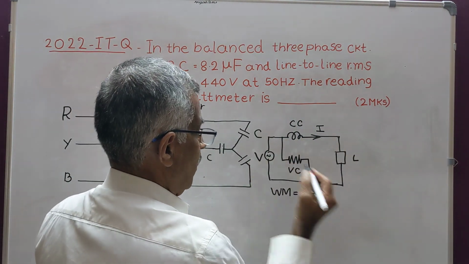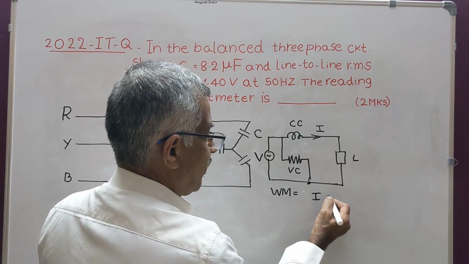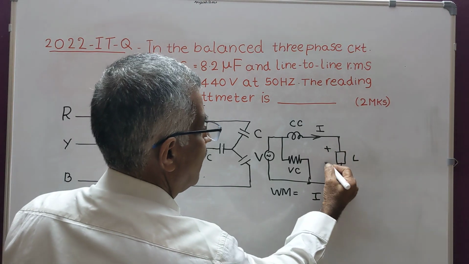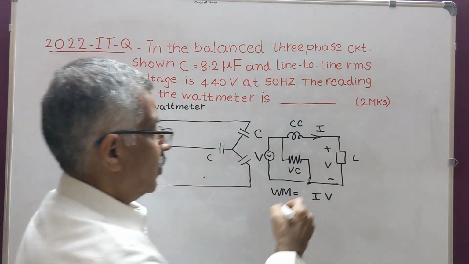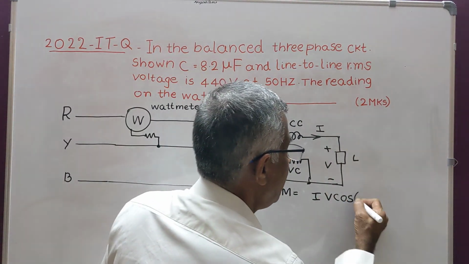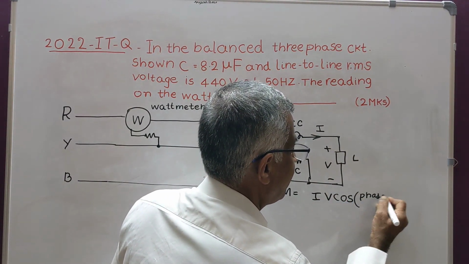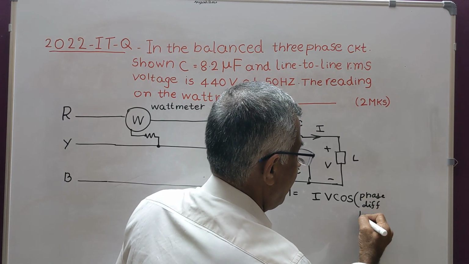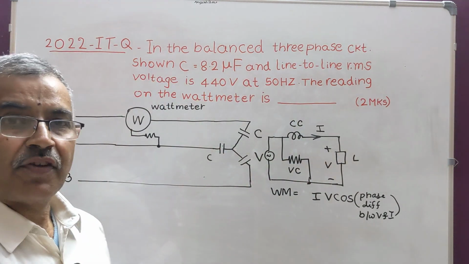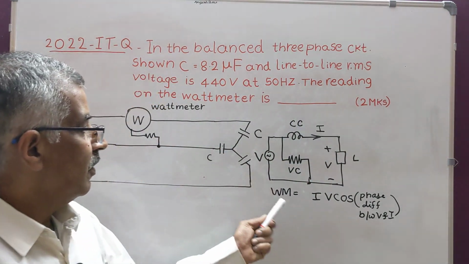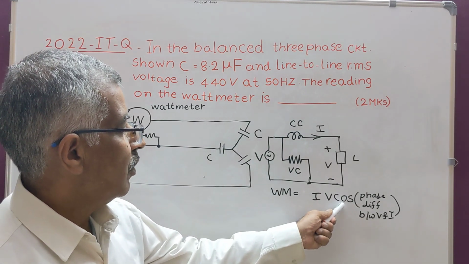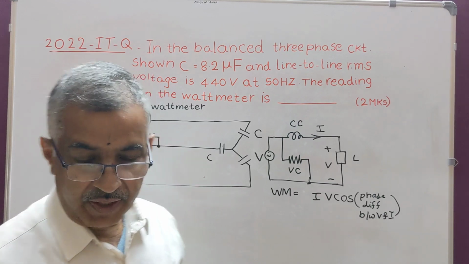Therefore, wattmeter reading is equal to I into V, this V is same as this, and cosine of phase difference between V and I. This is what is called as wattmeter reading. Okay? Wattmeter reading is voltage into current multiplied by cosine of phase difference between V and I.